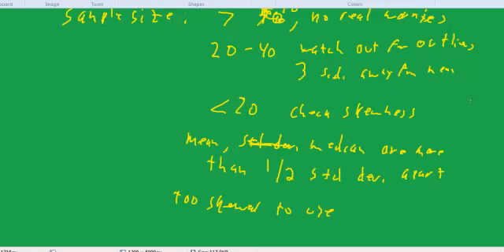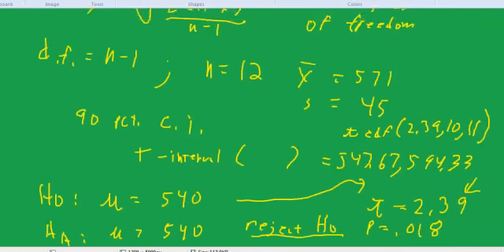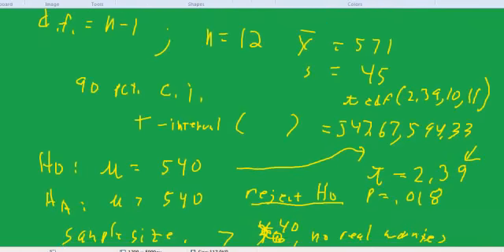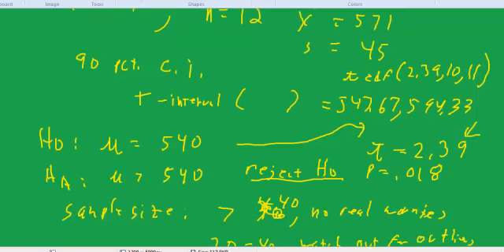Okay, so now we have a t-value, which I wrote down here, of 2.39, and that's a little bit like an x bar minus mu over s. That's kind of what it is.